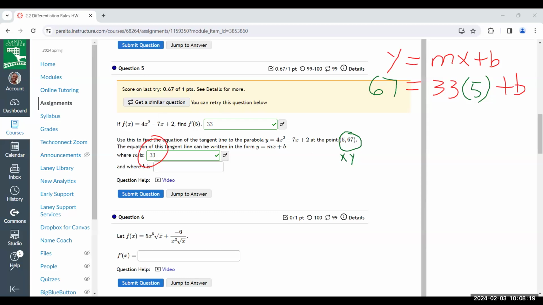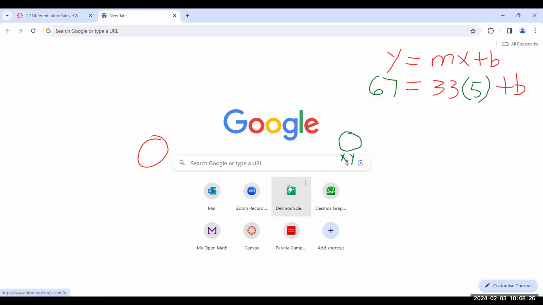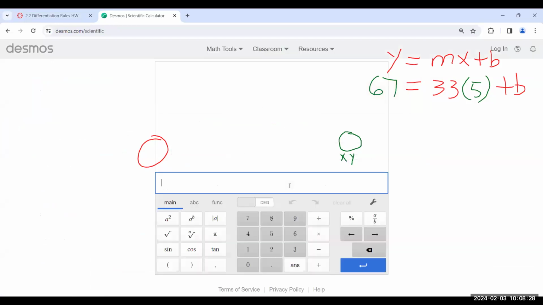So let's use the calculator. 33 times 5 is 165.